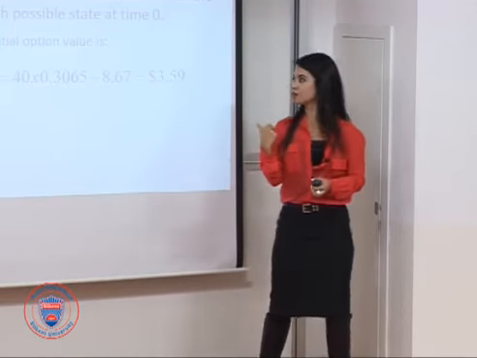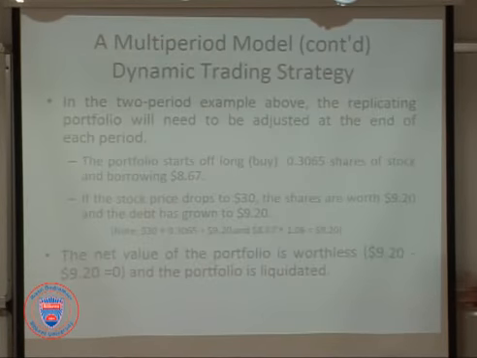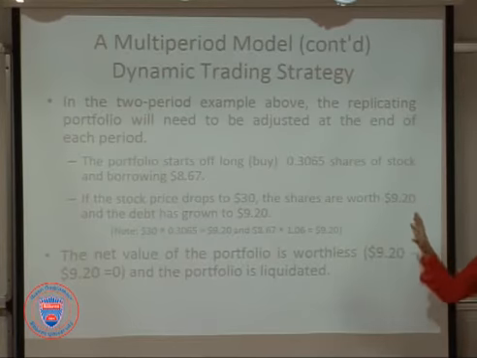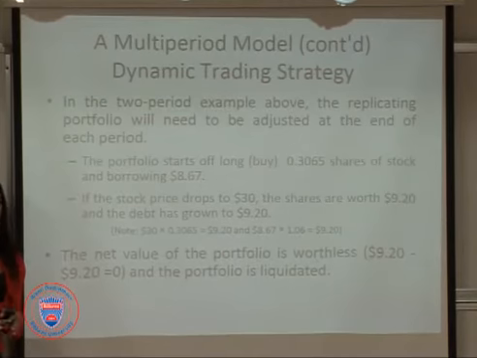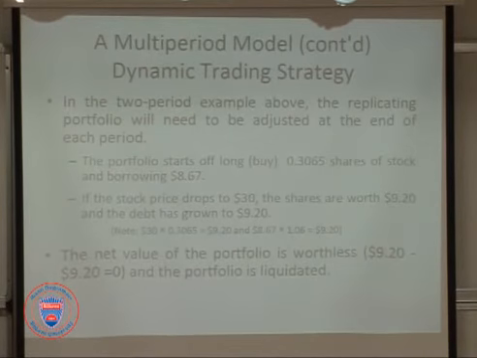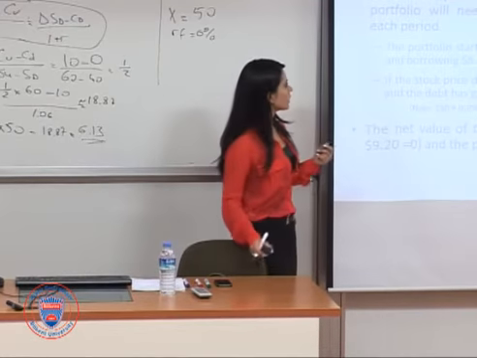Let's look at the intuition behind that. So basically what we are talking about is the dynamic trading strategy. So every period you need to reconsider your trading activity. And in this example, let's try to go over this. I'm going to go over this very slowly, but I think it's interesting since it is putting the real intuition of the numbers into words, let's say.